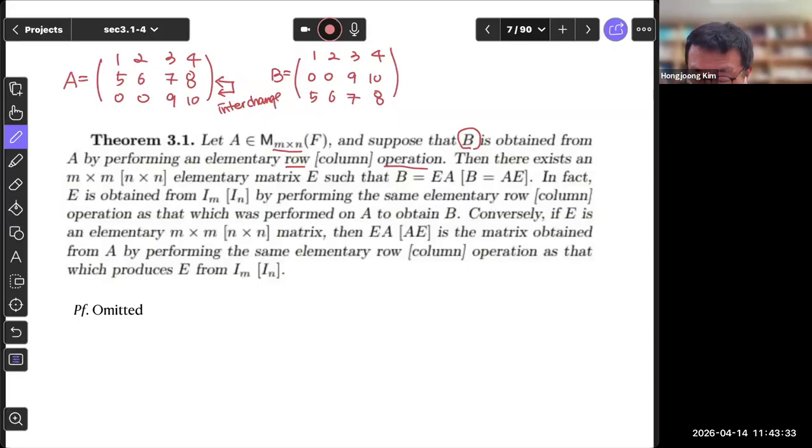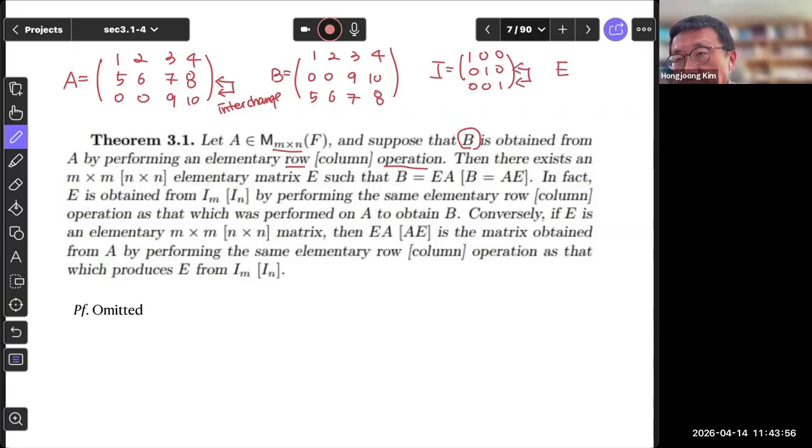Now take the 3 by 3 identity matrix. When I exchange the second row and the third row, what do I get?